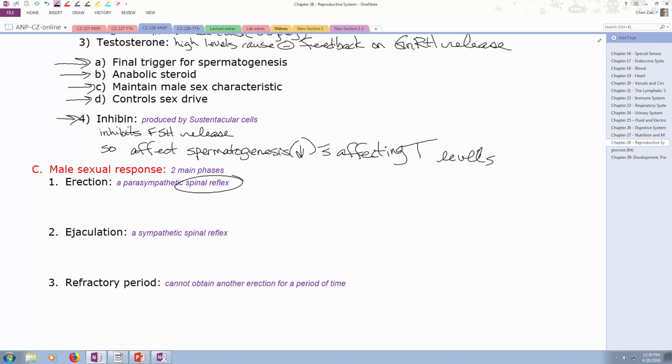With this parasympathetic spinal reflex in men, it causes the release of local nitric oxide, and that is what is responsible for the actual vasodilation. So the parasympathetic nervous system causes the release of nitric oxide locally, and nitric oxide is a potent vasodilator.